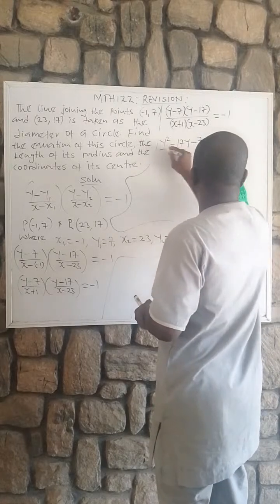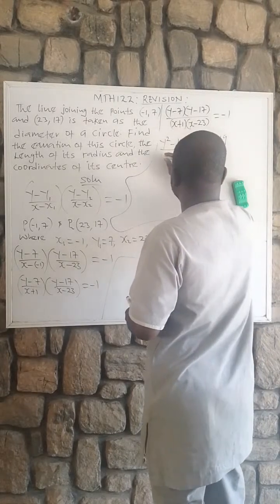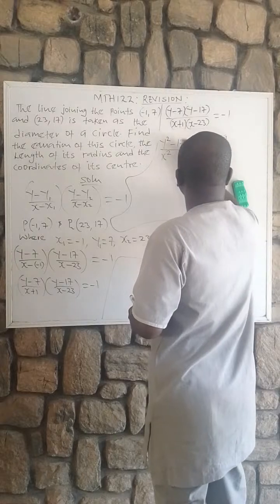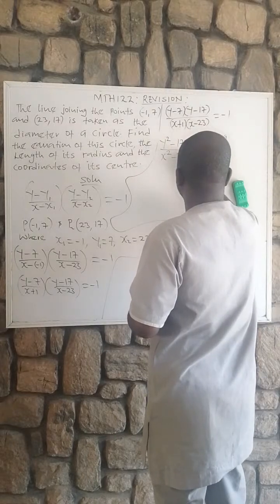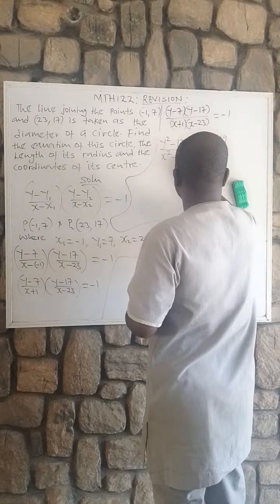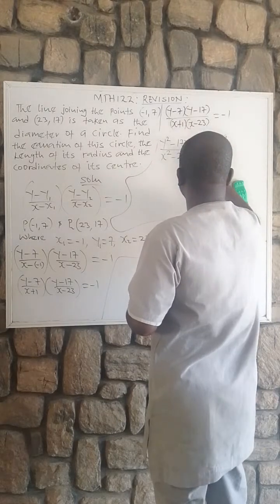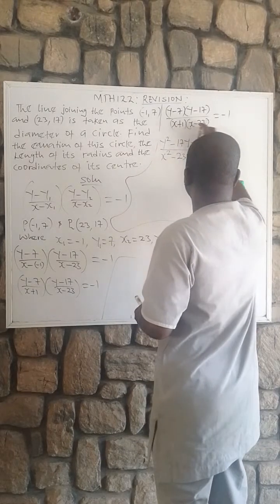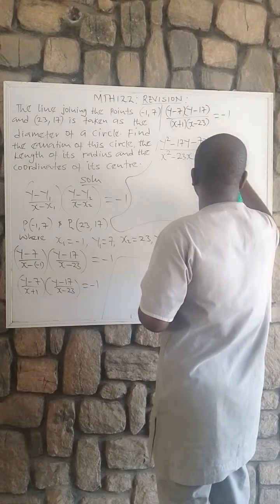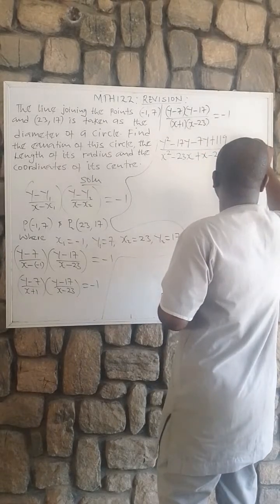Then all over x times x is x squared. Then x times minus 23 is minus 23x. Then 1 times x is plus x. 1 times minus 23 is minus 23, equals to minus 1.